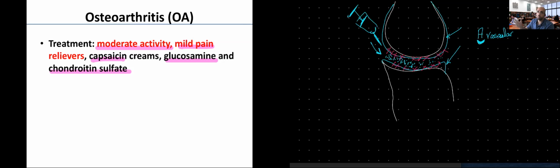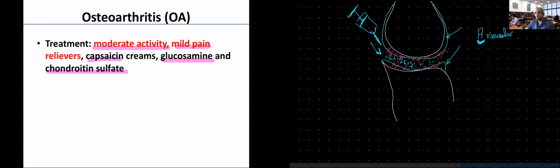So at least you know somebody, if not you, you're going to know somebody who has osteoarthritis. It's not something uncommon. If you have 100 friends on Facebook, at least 50 of them will have osteoarthritis. All right. This is something very, very common.